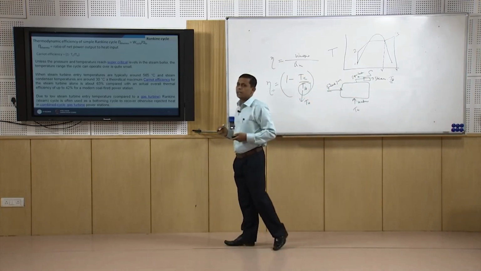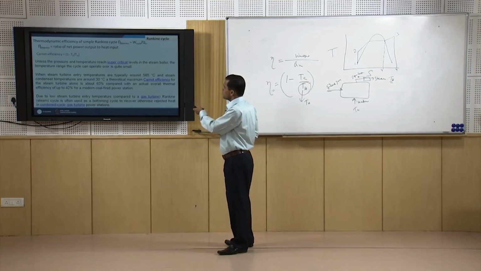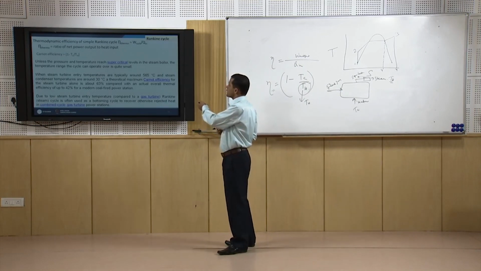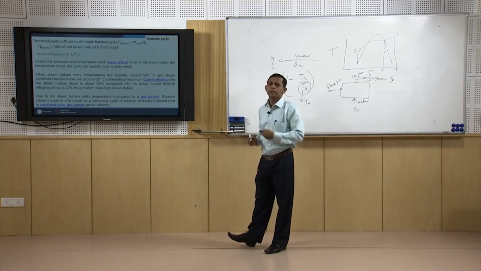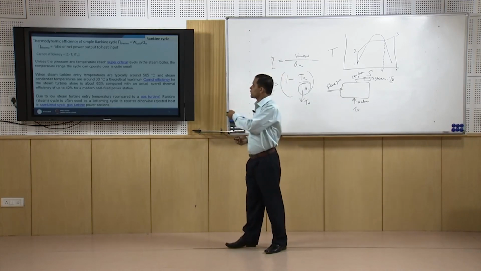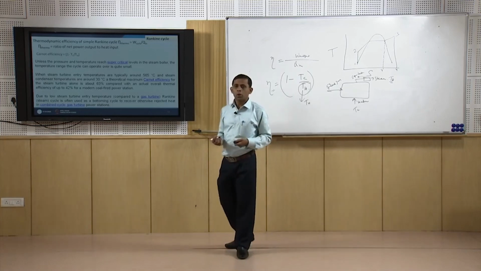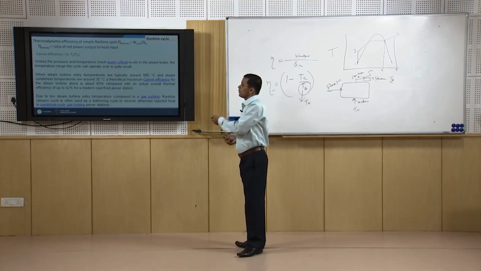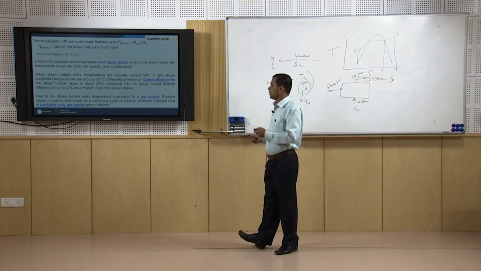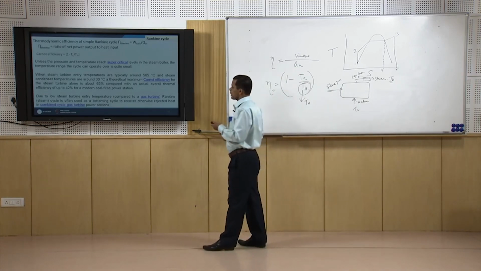One example is given here. When steam turbine entry temperatures are typically around 565 degree centigrade and steam condenser temperatures are around 30 degree centigrade, then the maximum Carnot efficiency of the steam turbine alone is around 63%, which is only 43% for a conventional coal fired power station.